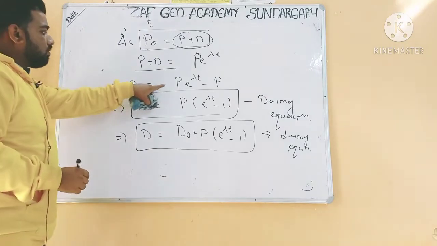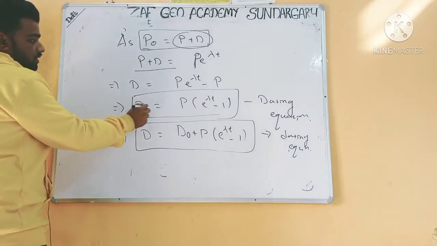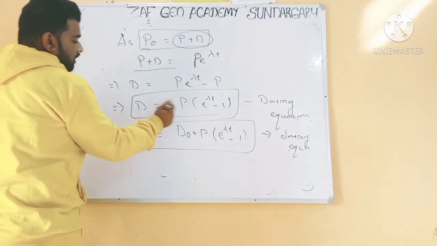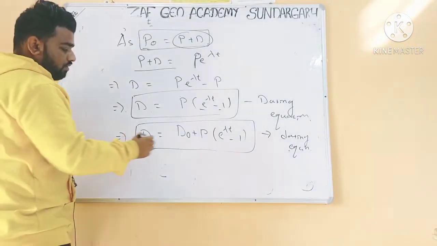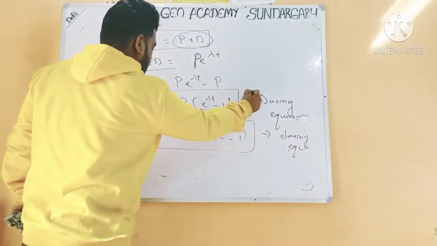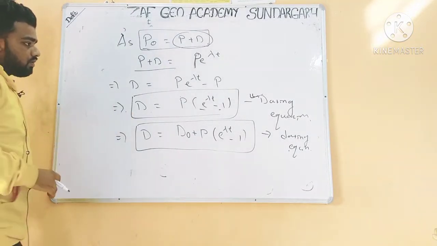Now D is equal to P e to the power lambda t minus P. Now D is equal to P common, e to the power lambda t minus 1. This is the main dating equation. We can date the rock from this equation only.